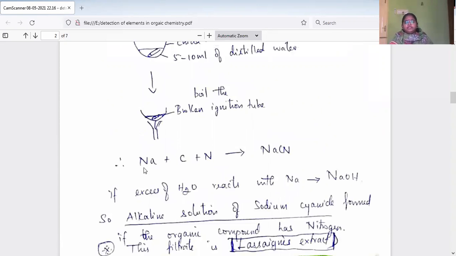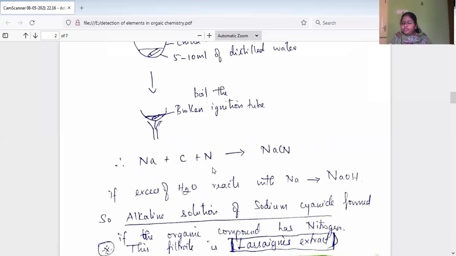So that you get sodium cyanide here. The filtrate has the final solution as sodium cyanide. Sodium reacts with the carbon atom in the organic compound and the nitrogen, because this is the test for nitrogen.